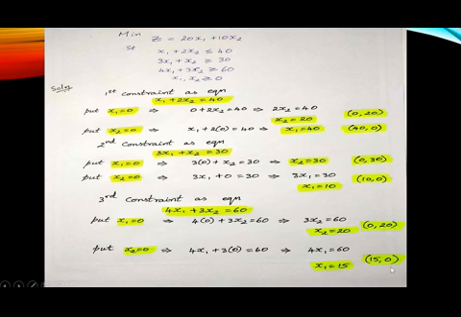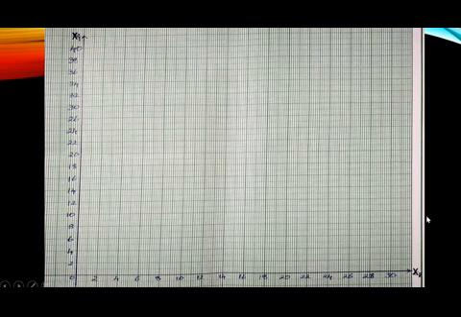Okay. Now coming to the plotting, as usual, I consider the x-axis and y-axis. In my case, I wanted up to 40. Therefore, I consider the y-axis as x1 and the x-axis as x2.